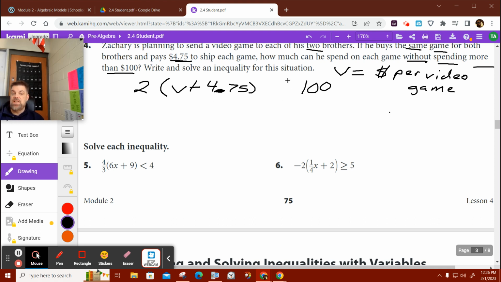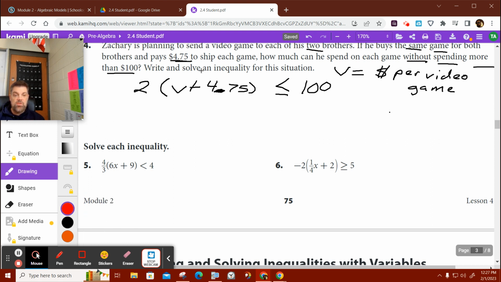Less than goes to the left, so we're going to do this. Less than. Now it says without spending more than. Can he spend 100? In other words, is spending 100 not spending more than 100? Yeah. So it could equal 100 too. So this is our inequality.